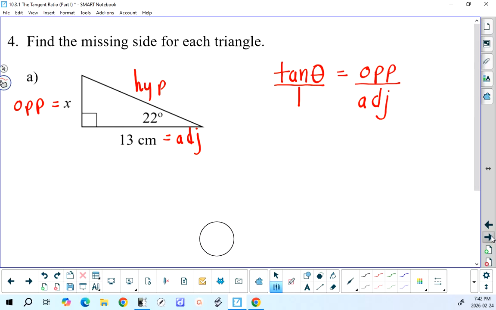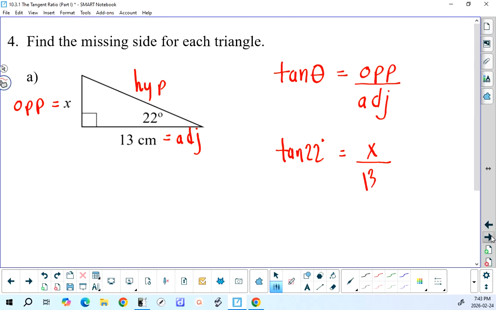So now what we do is we put in the numbers. I'm going to get rid of that 1 just for the time being. So theta is 22 degrees. We write tangent of 22 degrees equals opposite is x over adjacent is 13.